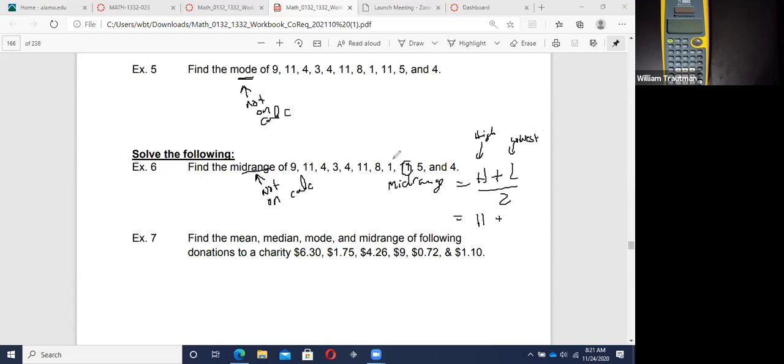The smallest piece of data is 1. 11 plus 1 is 12. You divide it by 2. 12 divided by 2 is 6. So the mid-range for this problem is 6. You just look at the highest piece of data, add it to the lowest piece of data, and divide it by 2. That's the mid-range.